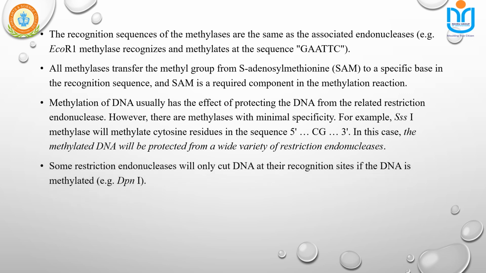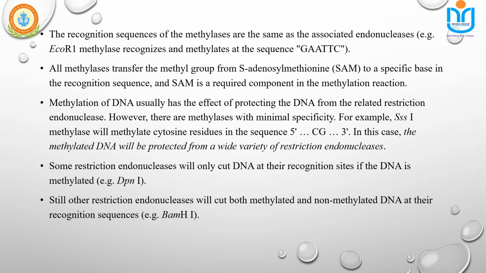Some restriction endonucleases will only cut DNA at their recognition sites if the DNA is methylated, for example, DpnI. Still, other restriction endonucleases will cut both methylated and non-methylated DNA at their recognition sequences, for example, BamHI.